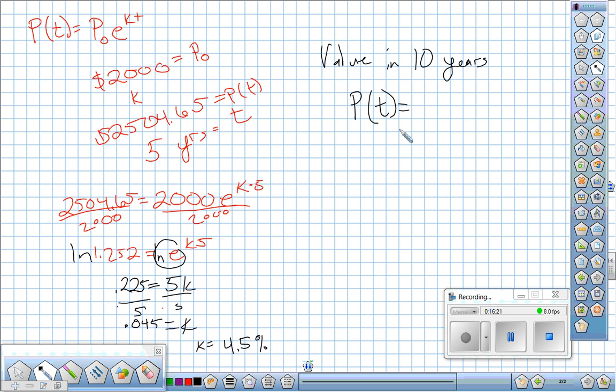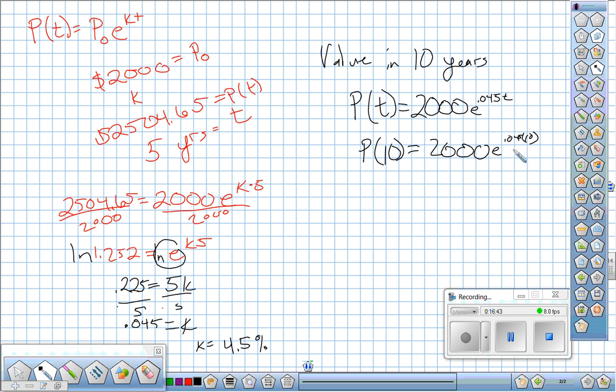So I have P of t equals 2,000 times e to the 0.045t. Then I asked for the value in 10 years, so I'm going to do P of 10 equals 2,000 e to the 0.045, I forgot my t, times 10.